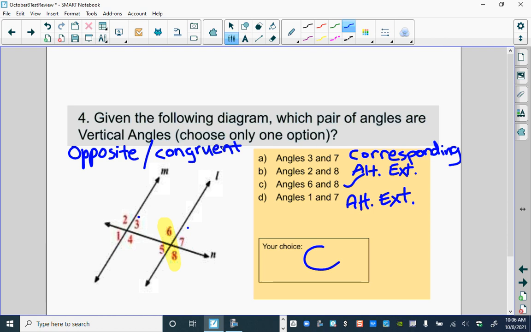All right, questions on number 4? Again, these are what we put in these extra notes. You don't have to write them all if you understand what's going on, but if you're not sure, we still need to understand the relationships with our angles if we want to figure out what else we need to do.